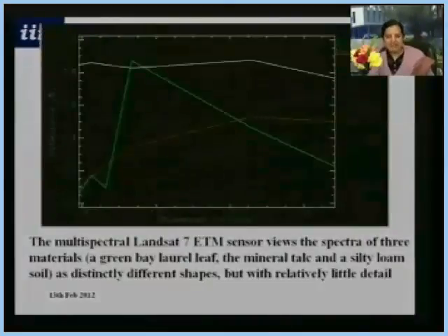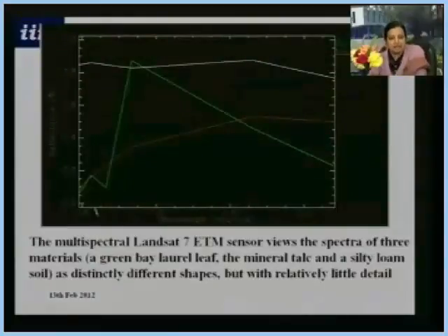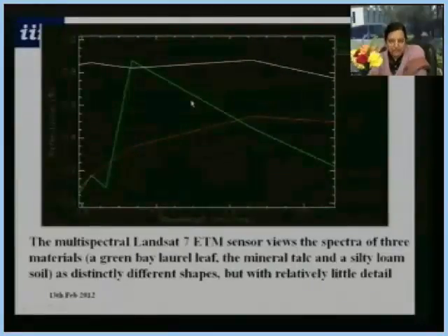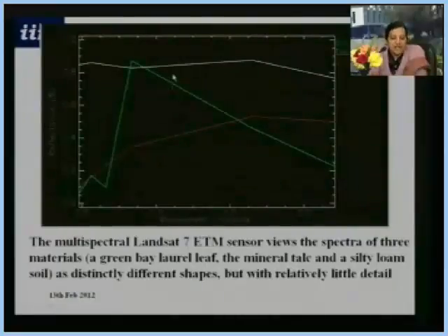Now this is another example of multispectral versus hyperspectral. These are the reflectance characteristics of three land cover features. The green is the vegetation, the red is the silty loam, and the white is talc, a mineral. They are three distinct shapes, but with relative detail.